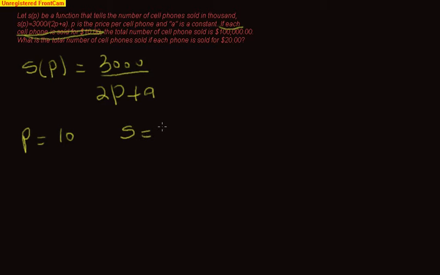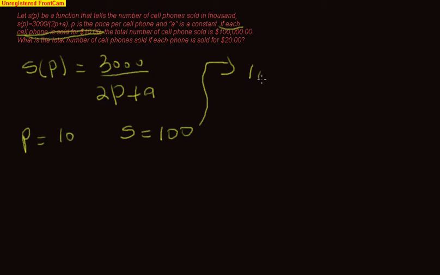So S is equal to 100. Now you may ask why S is equal to 100, but remember that S is represented in thousands. So 100 actually means 100,000. Therefore, we know two pieces of information right here. We know S and we also know P.